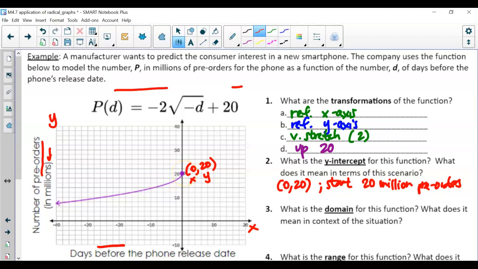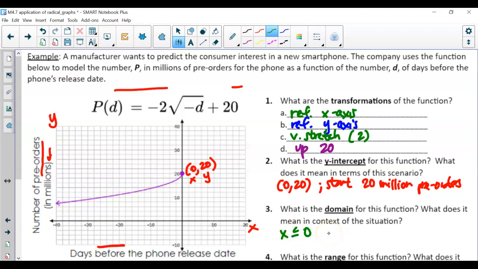What is the domain of this function, and what does it mean? So here we go. Our domain is all of our x values, starting at 0. And because remember, we're talking about days before, less than or equal to.